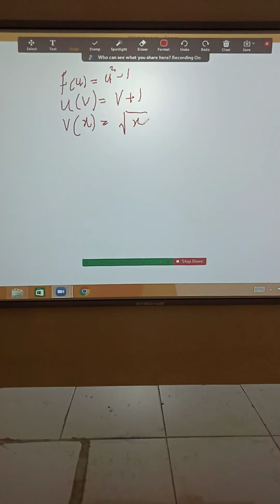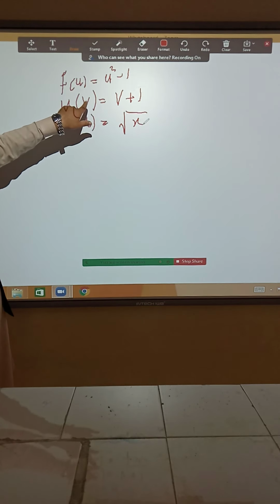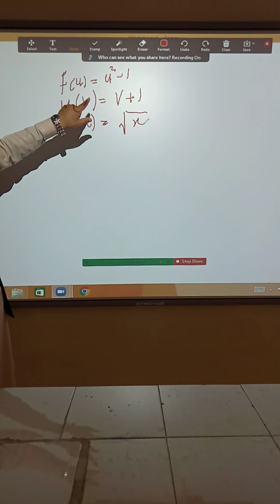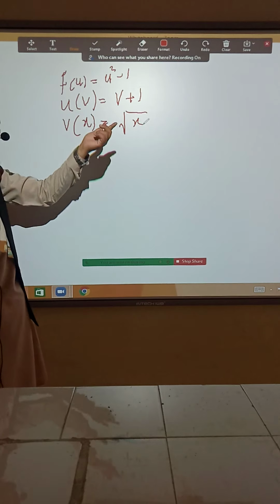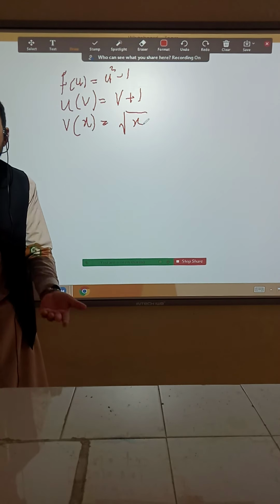Okay, now you see that f of u is a composite function because in the domain of it we have another function u. This u of v is also a composite function because in the domain of u we have v. V is another function. It depends on x. So both these are the composite functions.